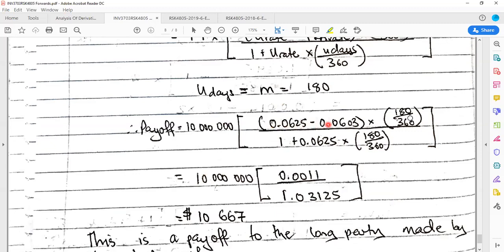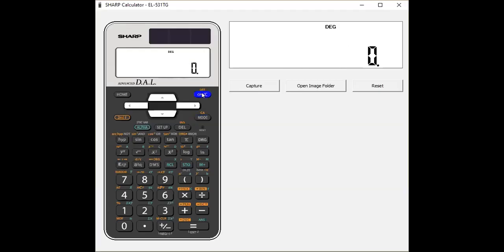You start with the top part, open bracket 0.0625 minus 0.0603, close bracket times 180 divided by 360. Let me just put this calculation here just to illustrate to you.